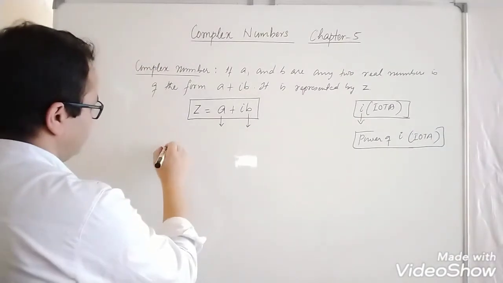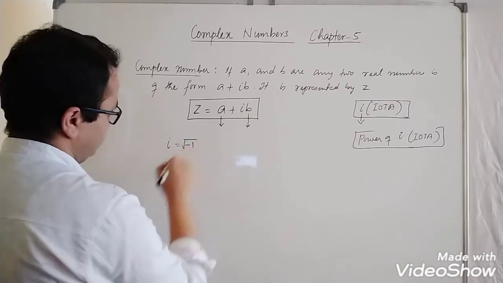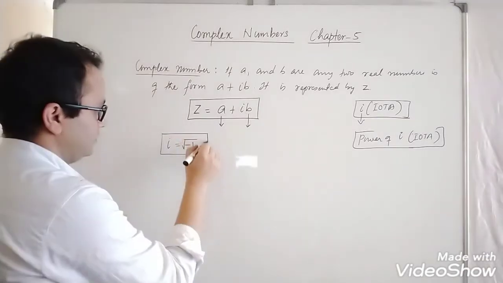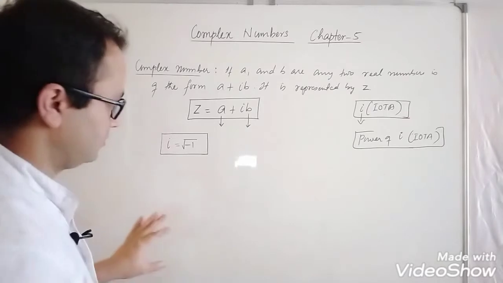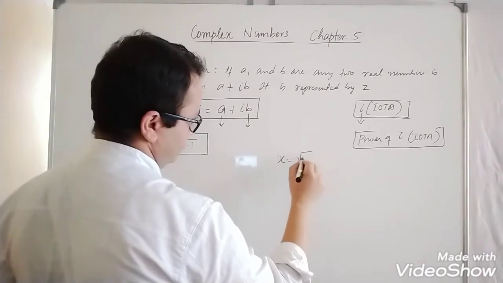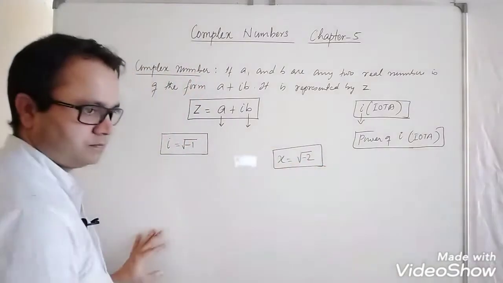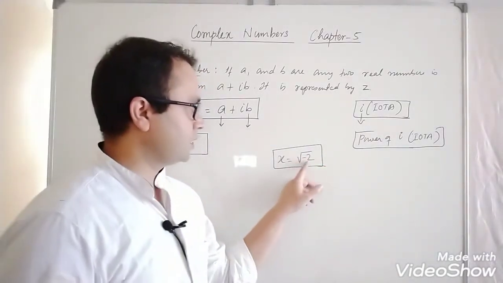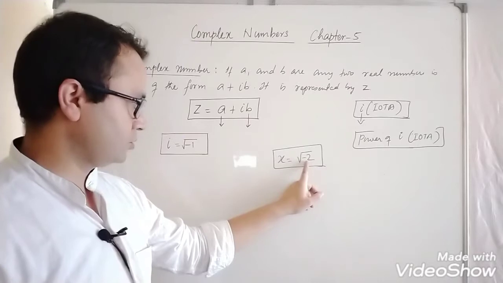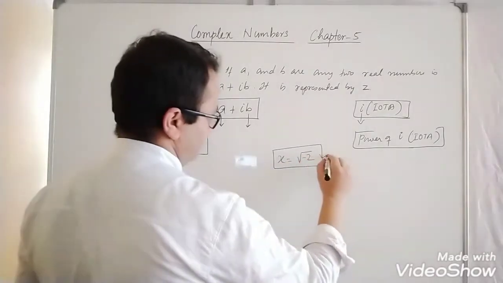Here i equals root under minus 1. It is the solution where otherwise there is none. Say, for example, if you have x equals minus root under 2, it has no solution because the square of any number is not negative.